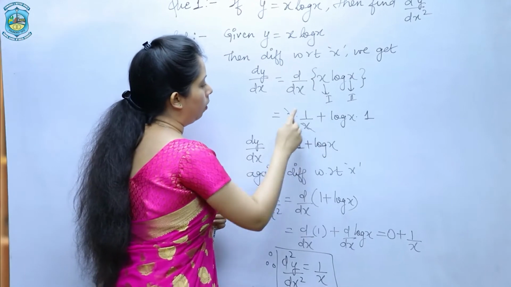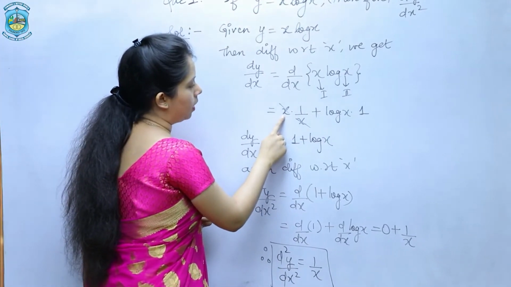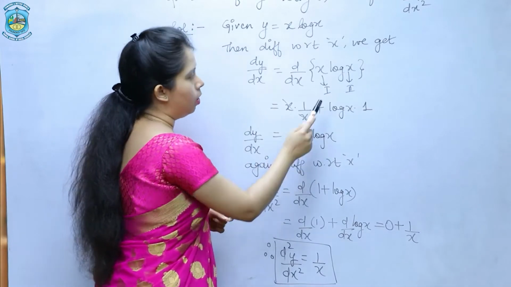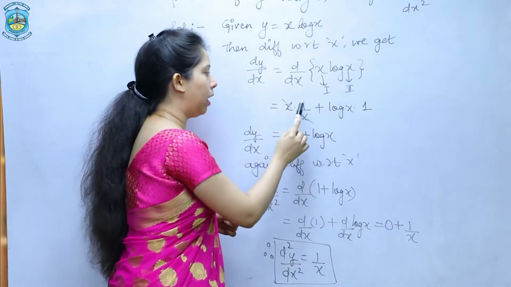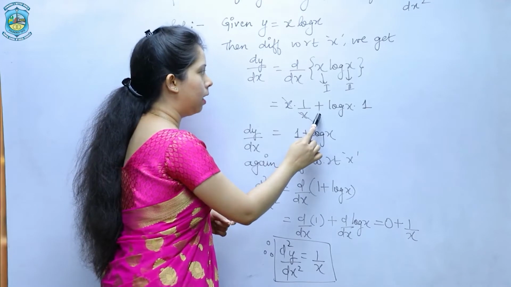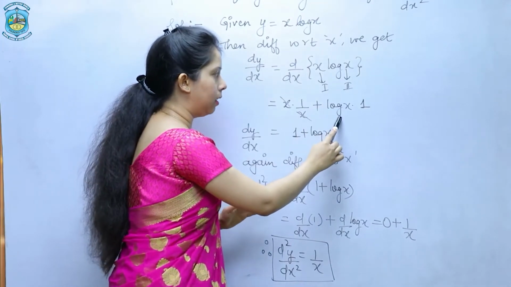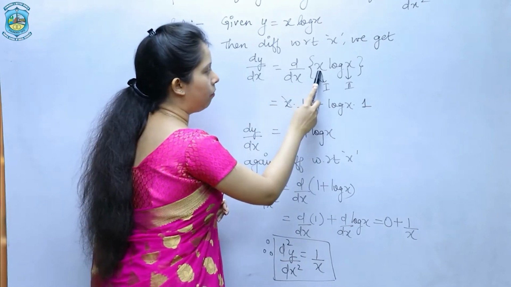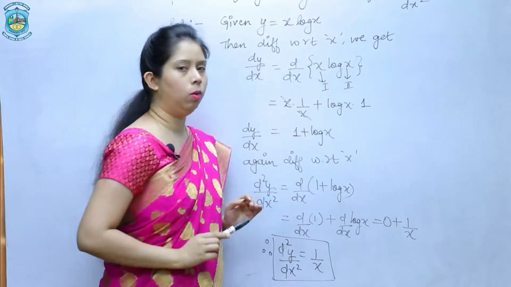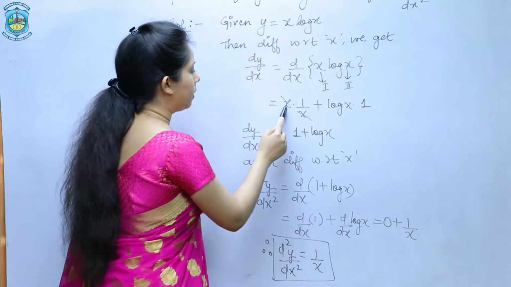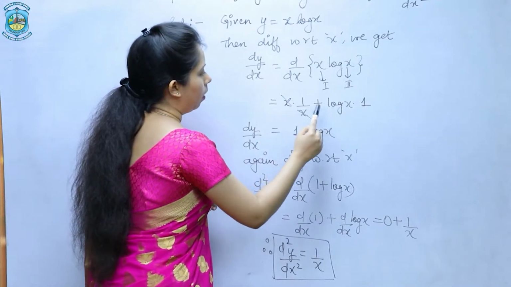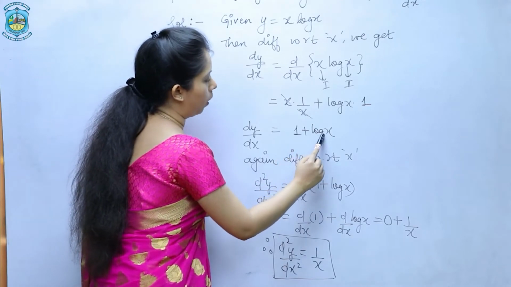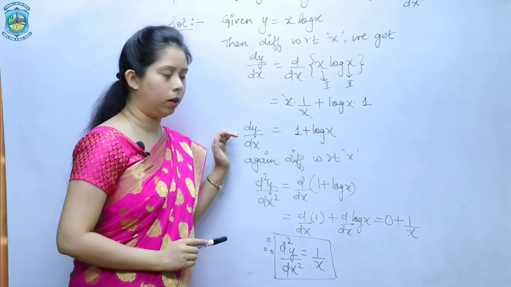So, by the law, that is, first function is kept as it is into differentiation of the second function, differentiation of log x will give you 1 upon x, plus the second function is kept as it is and we differentiate the first with respect to x. So, differentiation of x with respect to x will give you 1. So, cancelling x we get dy by dx is equal to 1 plus log x. This is the value of the first order derivative.